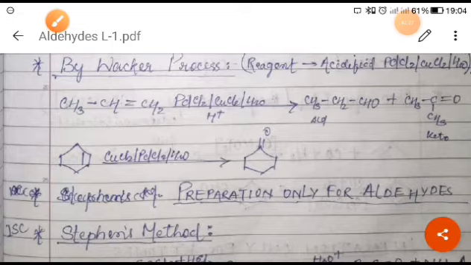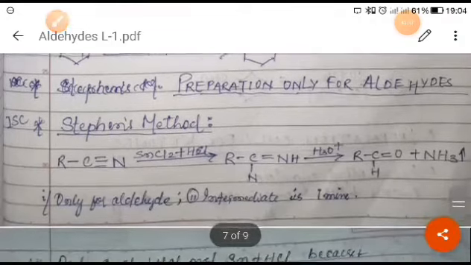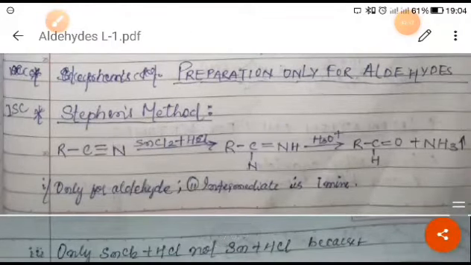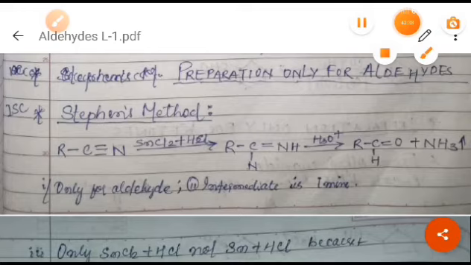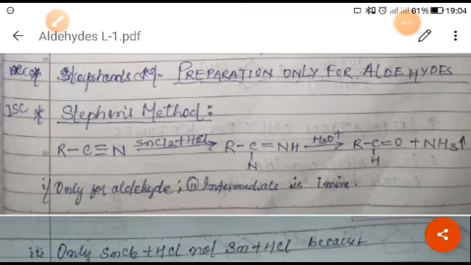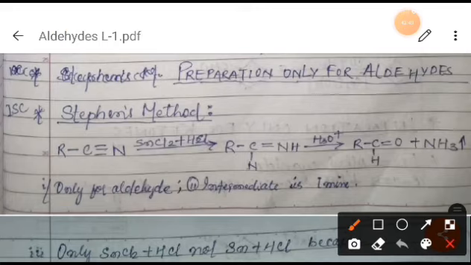I hope you have understood this. Now we will see Stephen's method, or Stephen's reaction. This is a very important reaction from the exam point of view also. Here we are using alkyl cyanide.